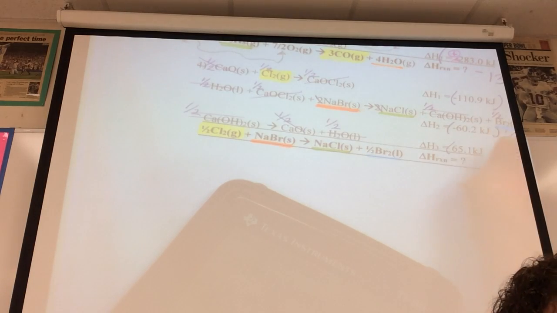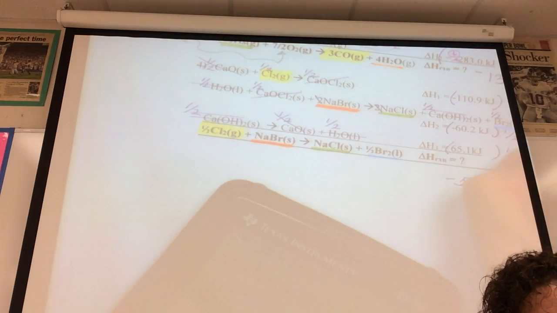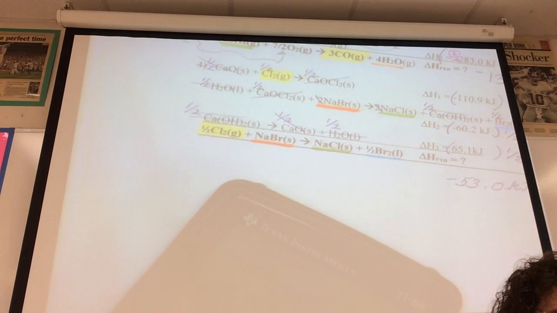And you have negative 53.0 kilojoules. And that too is an exothermic reaction because delta H for the reaction is negative.